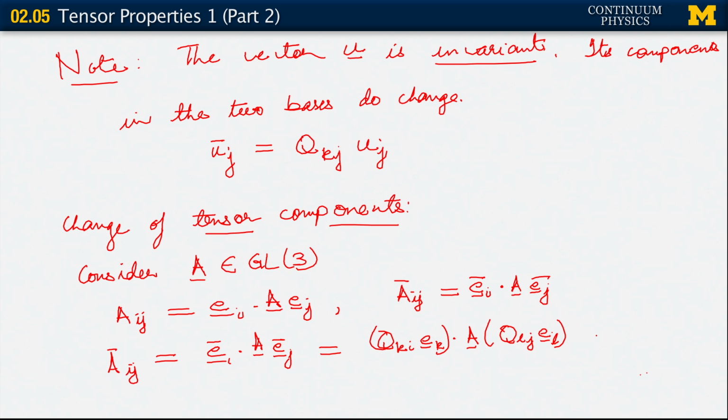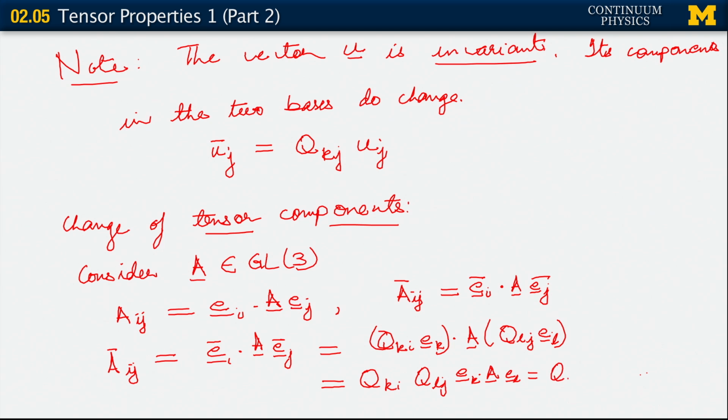Okay, so now that we've got that bit sorted out, let's just crank through with the properties of the dot product and tensor multiplication of vectors, both of which are linear operations. So that is Q Ki Q Lj, and we have here Ek dotted with A E L. We know very well what that is.